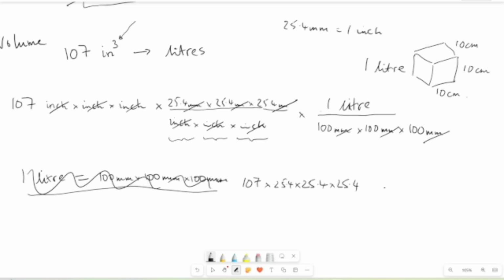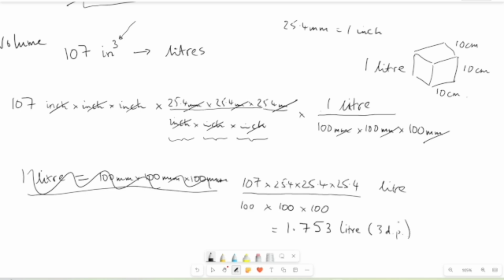I've only got litres left on the top, and I've got to divide it by 100 times 100 times 100, and if I do that, then I'm left with the answer 1.753, and that's litres to 3 decimal places.